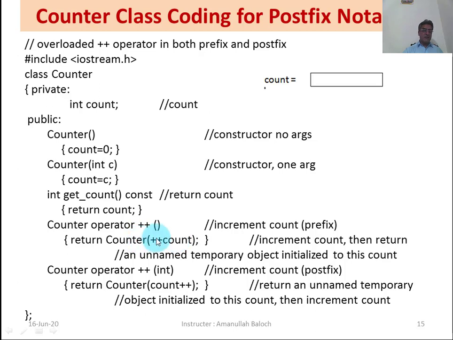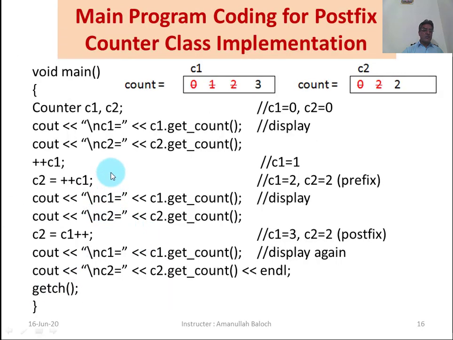It will be incremented and become 2, and that value 2 will be returned to the main program, and that value 2 will be assigned to C2. The default copy constructor will work here, and it will copy the value of C1 count to the memory of count attached with C2. It will become 2 from 0. Here you may see that after 0 it has jumped to 2 because C1 has given its value to C2.